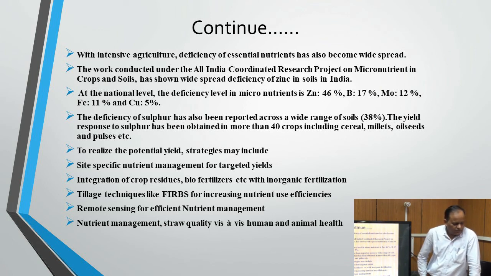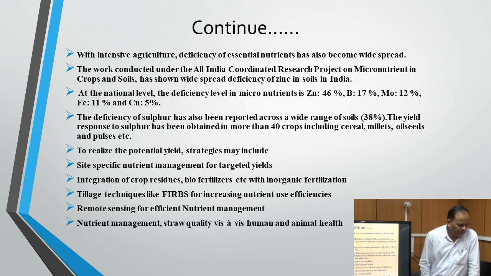Of the wheat growing soils in India, 46% are deficient in zinc, 17% in boron, 12% in molybdenum, 11% in iron, and 5% in copper.